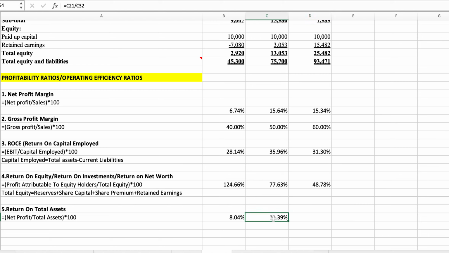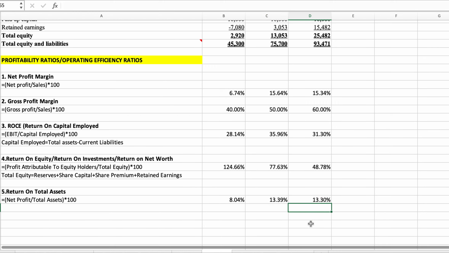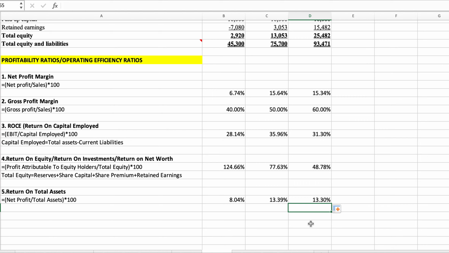Then you can find 2022 as a practice. That's the answer for 2022 return on total assets.